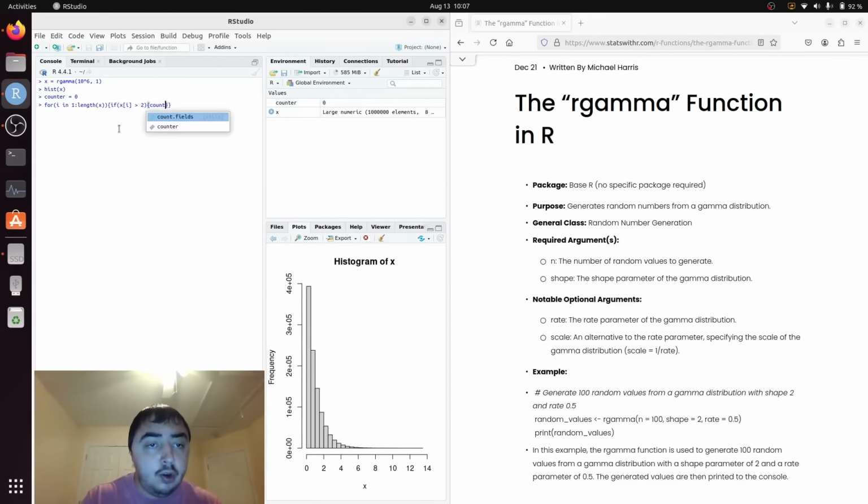So we count up. Counter equals counter plus 1. So for each value of x that we sample from the gamma distribution, we evaluate if it's greater than 2, and if it is, we count up. So I'm getting the proportion of this distribution greater than 2.